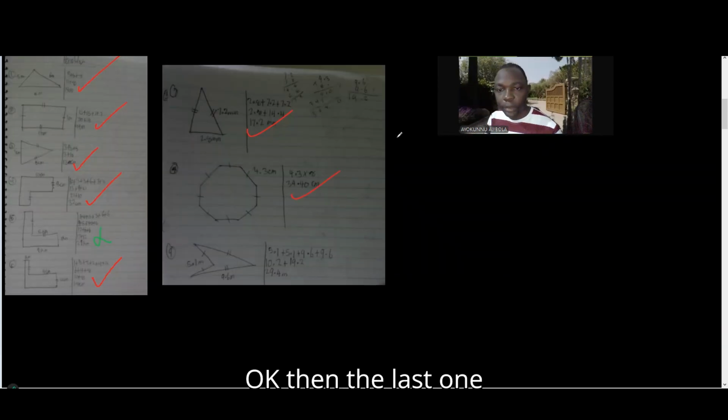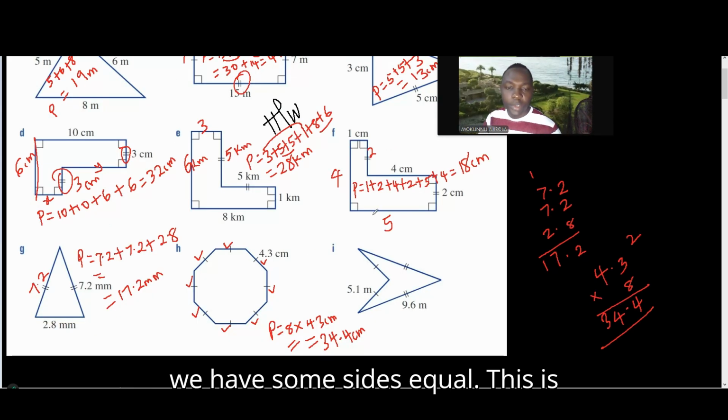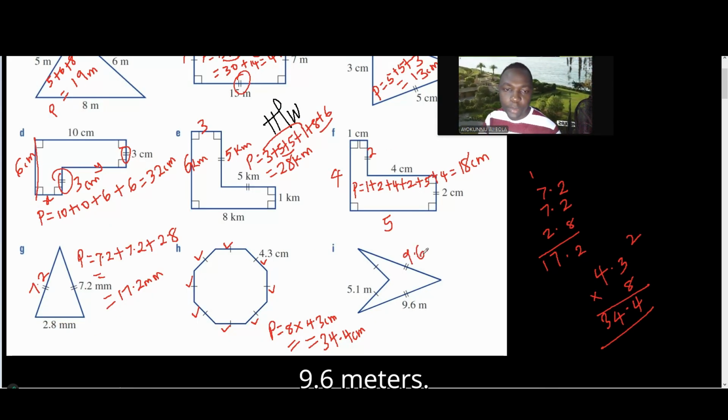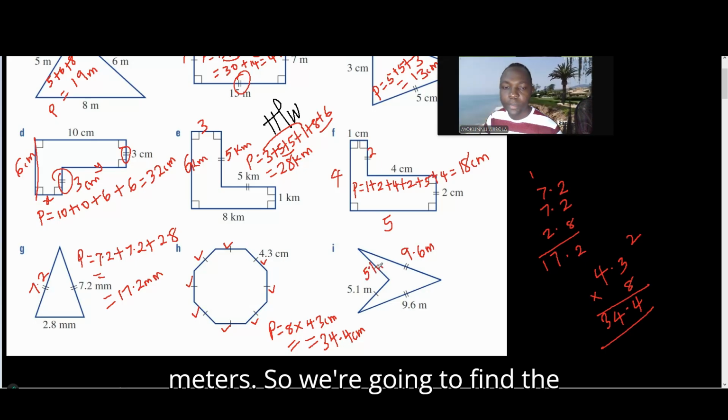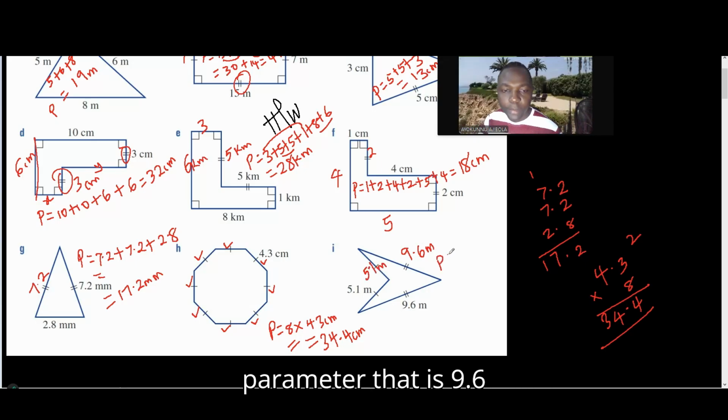Okay. Then the last one, we have some sides equal. This is 9.6 meters, and this is 5.1 meters. So we're going to find the perimeter.